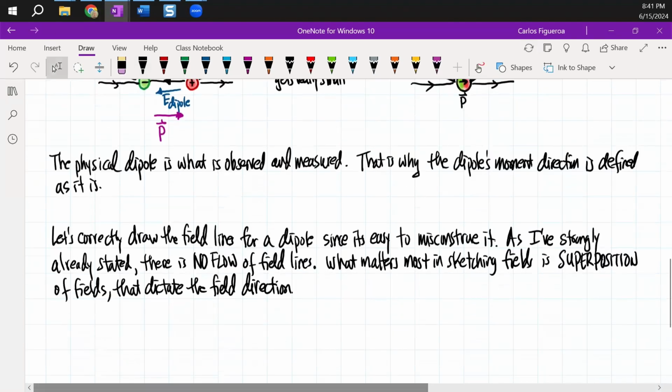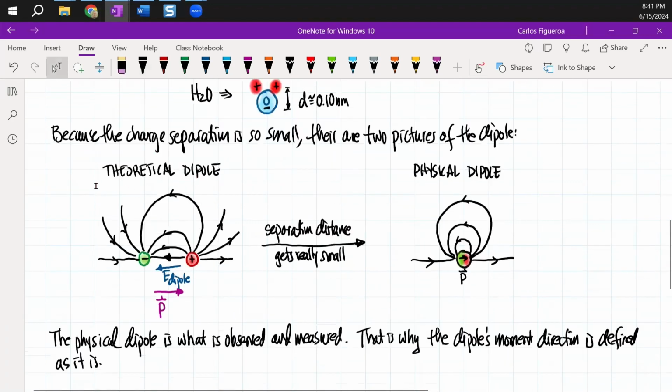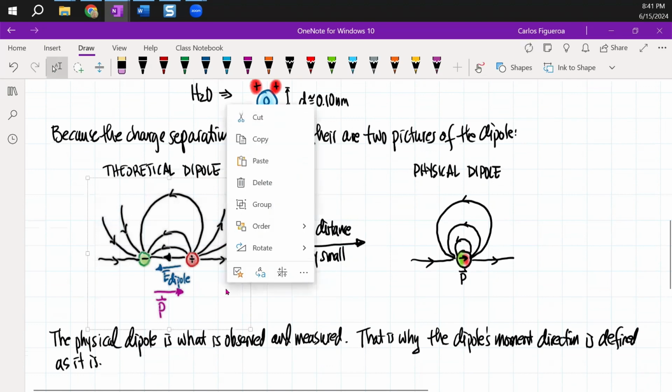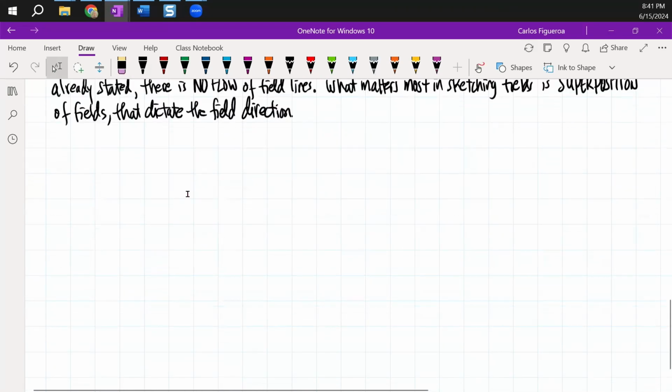So what I'm going to do here is look at the dipole field, and I'm only going to look at a piece of the dipole. So in fact, I'm going to come over here and copy this guy right here, and then I'm going to modify it a little bit. Okay, so I'm going to look at this guy here.